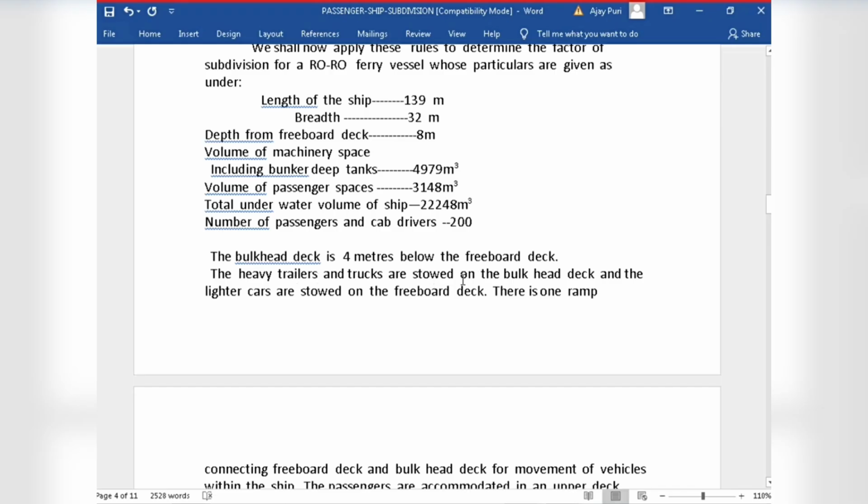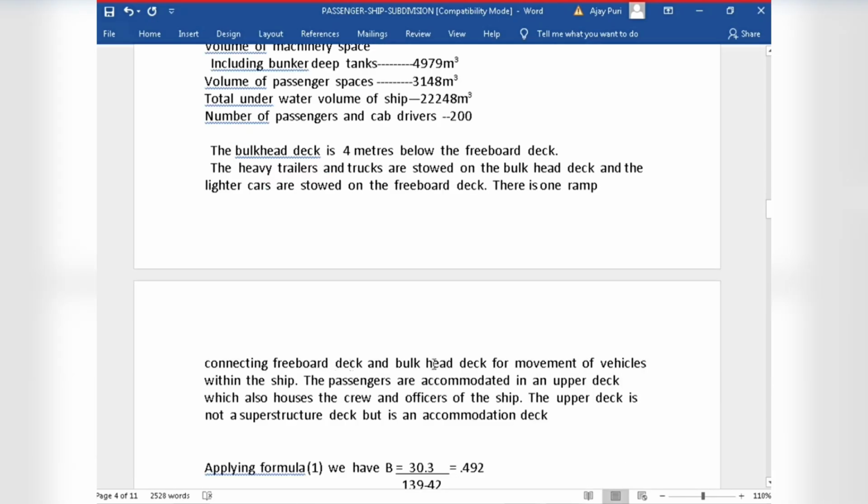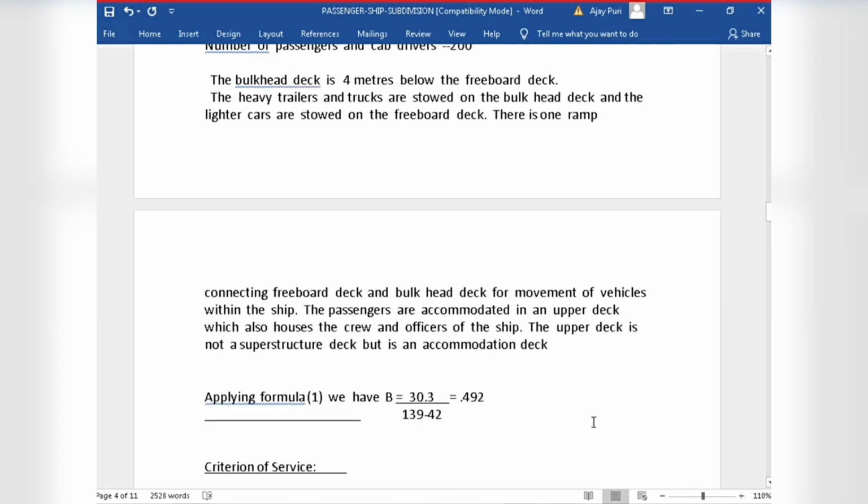Heavy trailers and trucks are stored on the bulkhead deck and lighter cars on the freeboard deck. One ramp connects the freeboard deck and bulkhead deck for movement of vehicles. The passengers are accommodated in the upper deck, which houses the crew and officers. The upper deck is not a superstructure but accommodation.